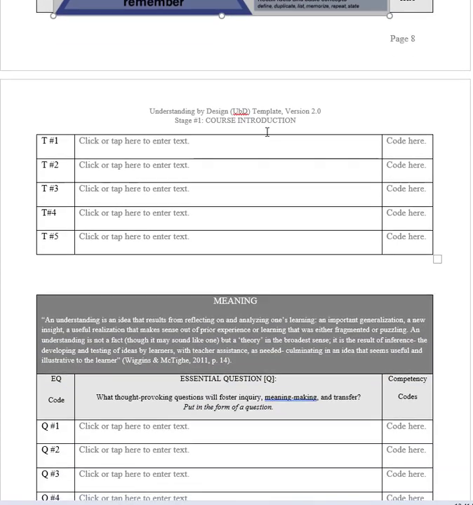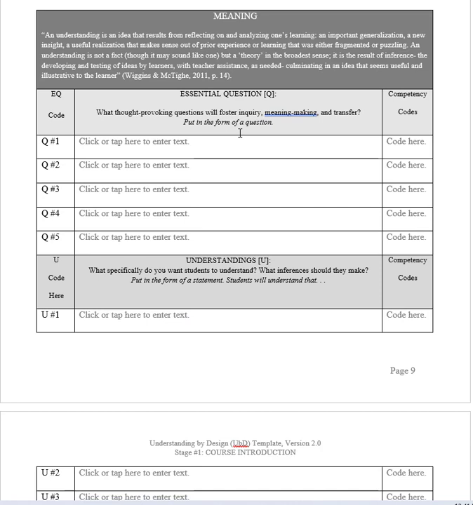Now, meaning. We want these essential questions based on the analyze, evaluate, and create levels from Bloom's taxonomy. We want to ask questions that are thought provoking and make them want to learn about what we're teaching.